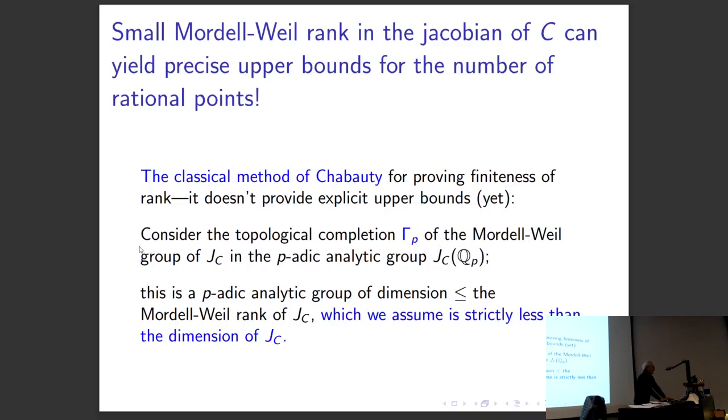This is how it goes. It's very simple. You consider some topological completion, I call it gamma p, of the Mordell-Weil group of the Jacobian of C in the p-adic analytic group of Q_p-valued points of the Jacobian of C. So you can think of the Mordell-Weil group of J_C as being some finitely generated subgroup of this absolutely enormous analytic group, the p-adic points of J_C, and you just take the p-adic completion of it, and you get a p-adic analytic group of dimension less than or equal to that Mordell-Weil rank of J_C, because after all, it's completely determined by that Mordell-Weil group in a simple sense.